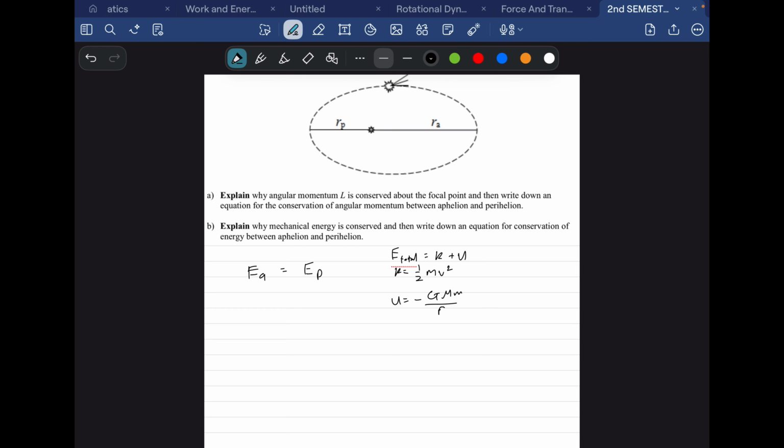So expand on what we got. So 1 over 2 m v apogee squared minus G, mass of the sun, and then just m for mass of the object, all over r apogee.